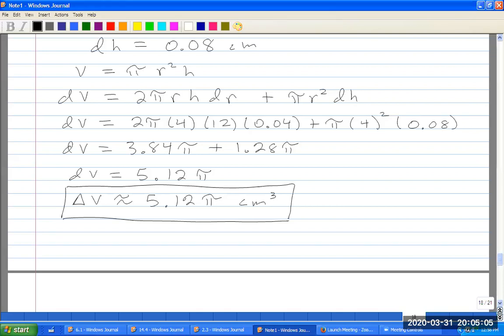This is an approximation anyway, so this is approximately 5.12 times pi, which is around 16 cubic centimeters. So it's approximately that much.